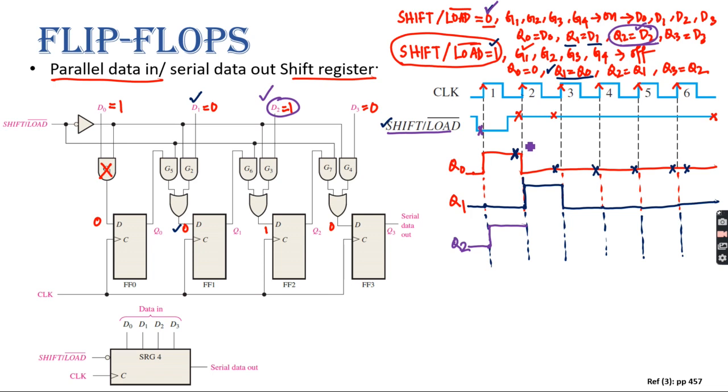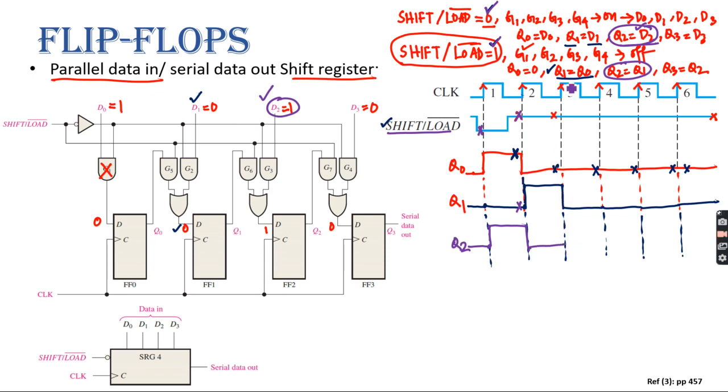And here, since the load and shift command is 1, for the rest of the cycle it will always follow Q2. Q2 follows Q1, right? Yes, sir. So just before this pulse, what is the value of Q1? 0. So it will switch to 0.